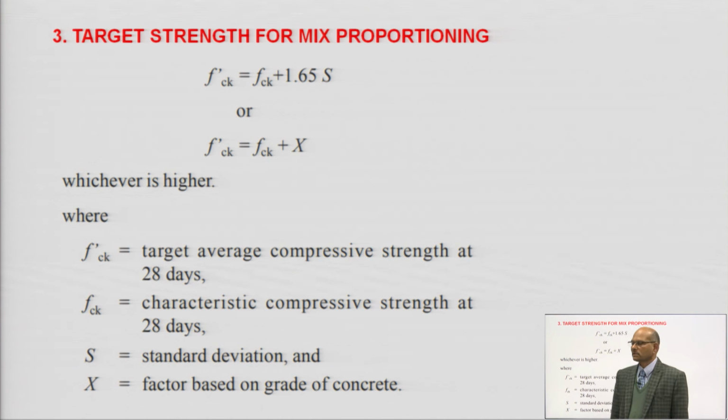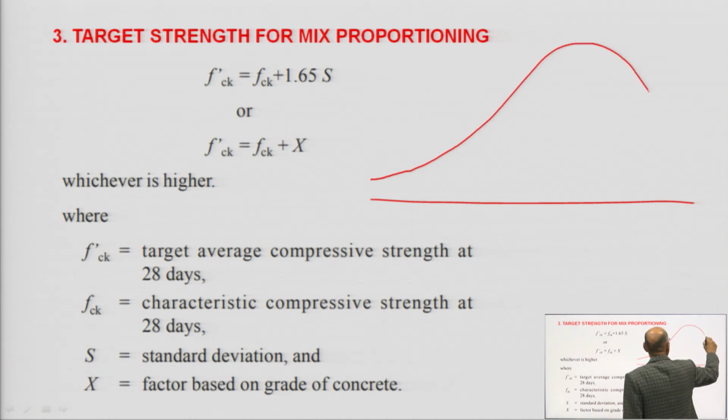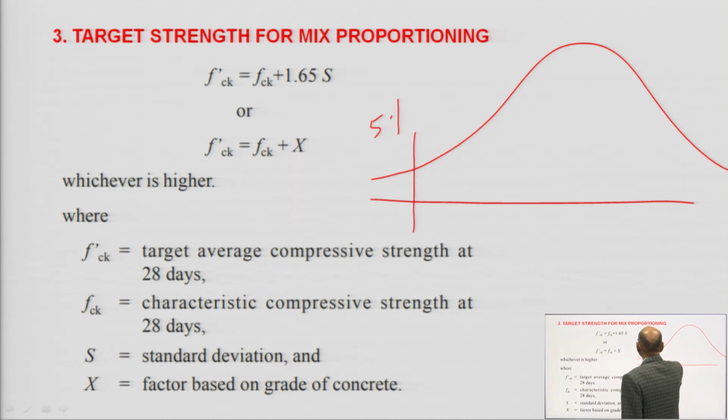Suppose the quality of contractor matters, because we design this, if you see this curve here, up to 5% of values we can allow to be less than the characteristic strength.